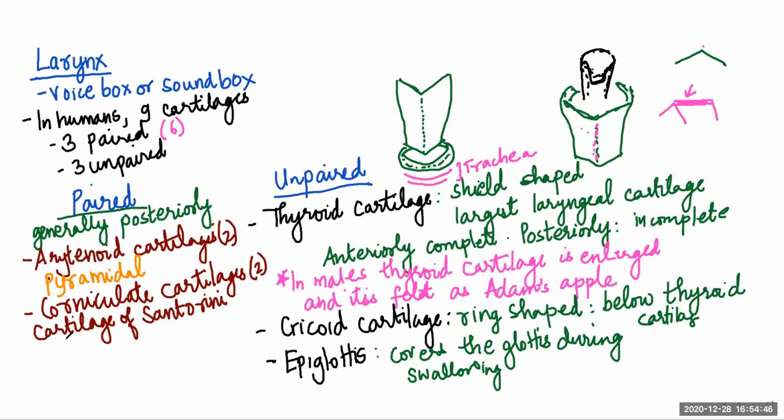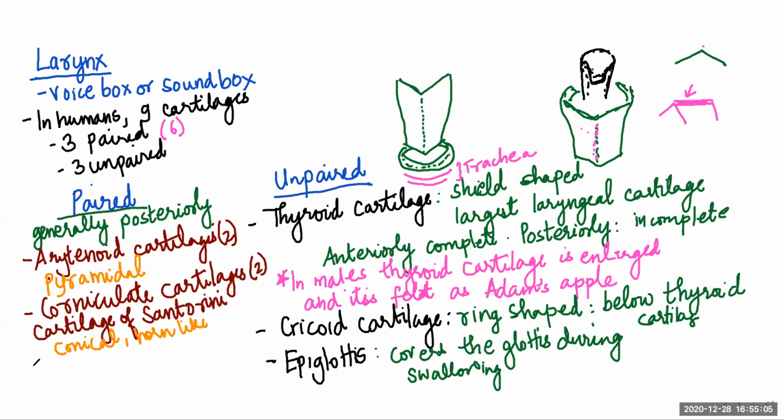They are conical shape cartilages, conical or horn-like, and they are present on the top of arytenoid cartilage. So ये सब पीछे की तरफ होते हैं.